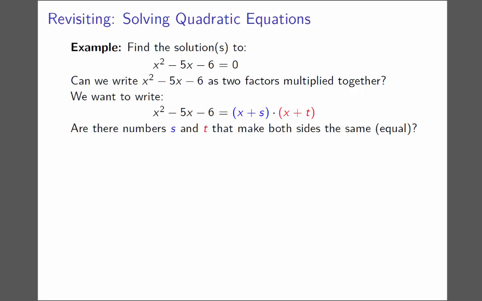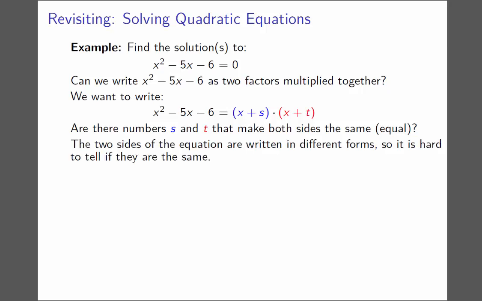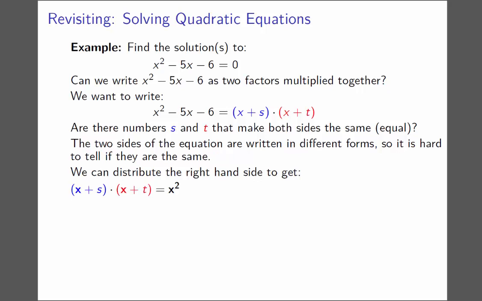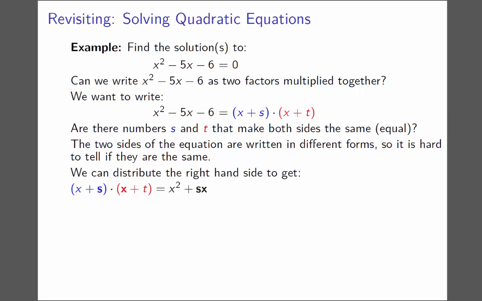So are there numbers s and t that make both sides the same, equal? The two sides of the equation are written in different forms, so it is hard to tell if they are the same or not. But we can distribute the right-hand side. Doing this, we get x plus s times x plus t equals x squared from x times x, plus s times x plus x times t, or t times x, plus s times t.